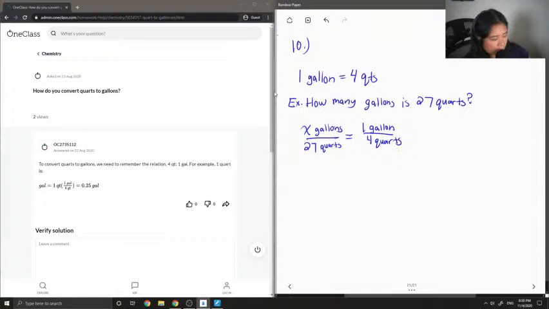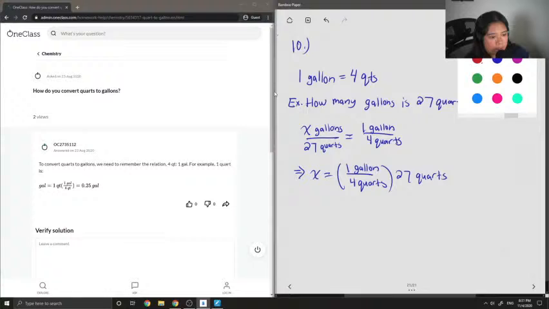So now I just solve for X. Again, you'll know if you do these conversion questions properly if the units that you're trying to get rid of cancel out nicely, and you are left with the units that you are looking for.